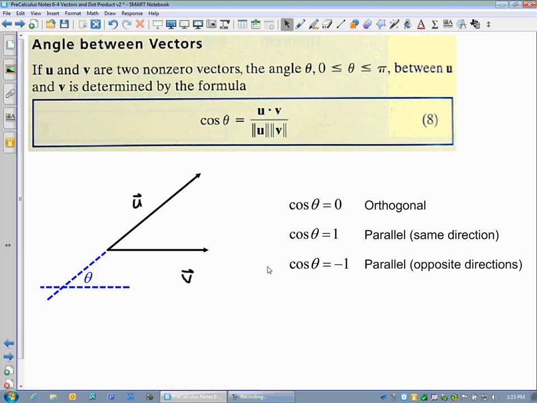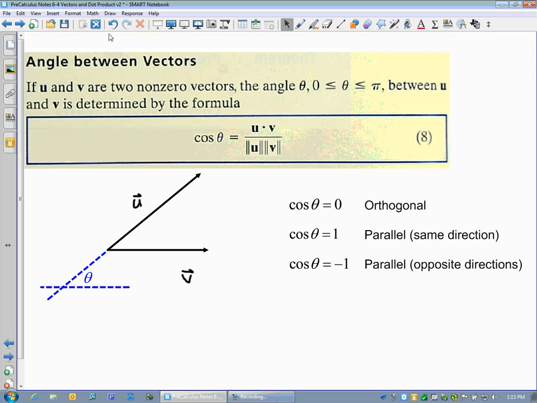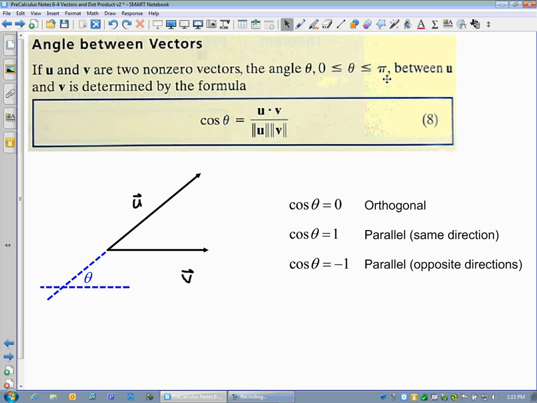So the possibilities for cosine of theta go from -1 to 1, and those are the extremes we see in the range of possibility. Theta could be anywhere from 0 to pi, so 0 to 180 degrees if you're in degrees. And theta is 180 degrees if cosine is -1, theta is 0 if cosine is 1.